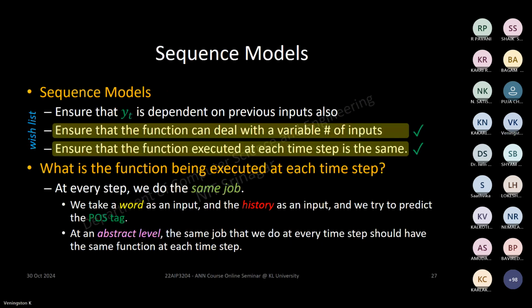Right. So we are able to ensure all these things, and the recurrent neural network is a network which helps us ensure all these points that we wanted to ensure in order to solve a sequence learning problem.